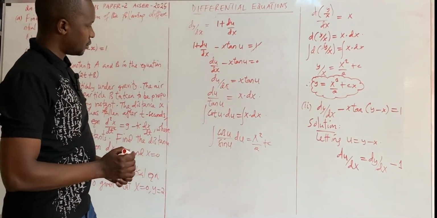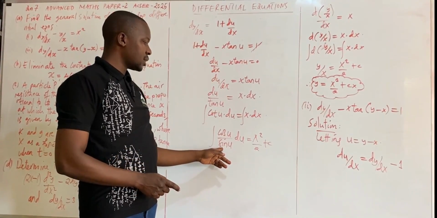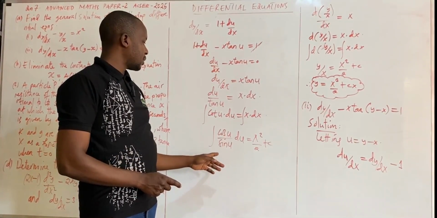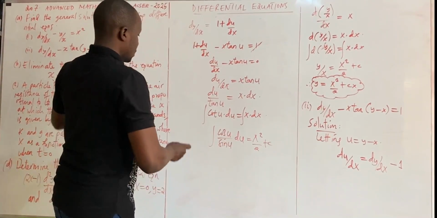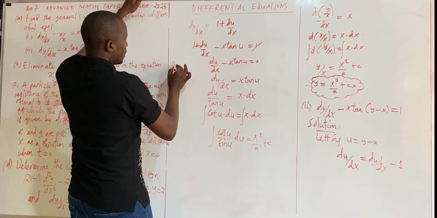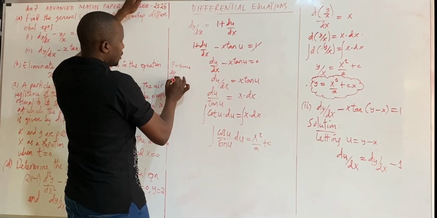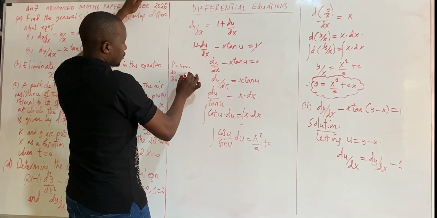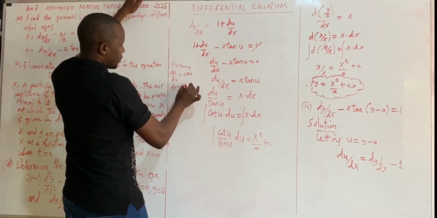From there, if we let p be sin u, it means we'll end up getting ln of sin u. For example, if you let p equal sin u, it means dp/du is cos u. Now dp is the same as cos u times du.